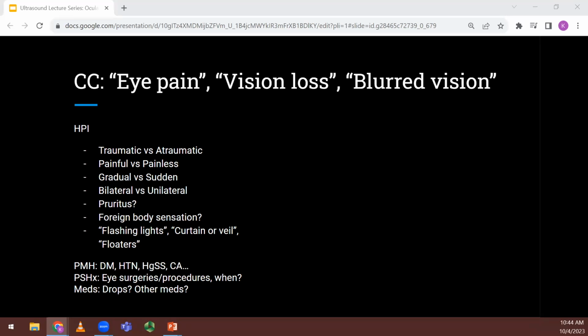In terms of past medical history, most of the pathologies we're going to see, especially the traumatic ones, are going to be associated with diabetes and hypertension, which I don't know how useful that is because everybody has that. But something to be aware of, especially in our population, is sickle cell anemia, as they are predisposed to some of the pathologies we're going to be seeing.